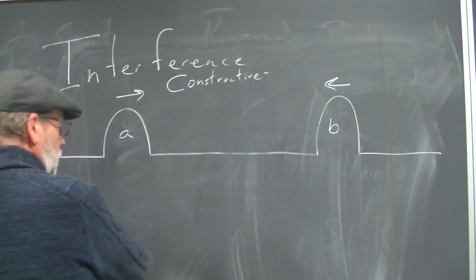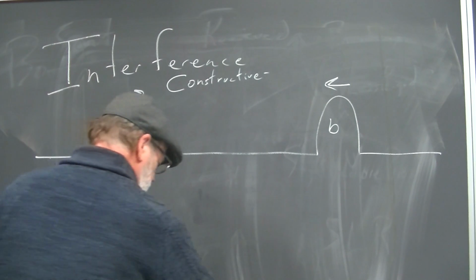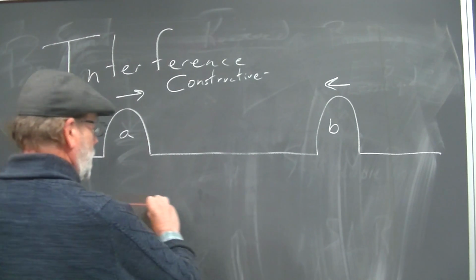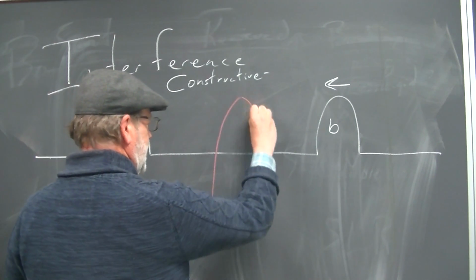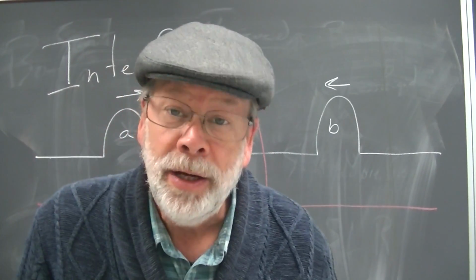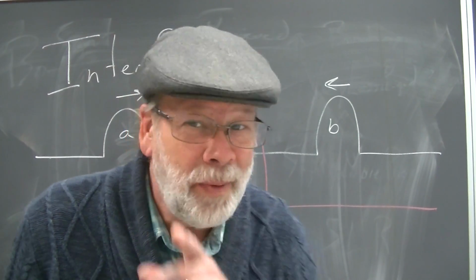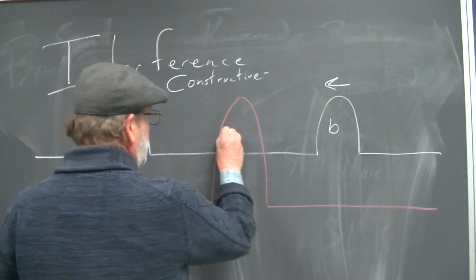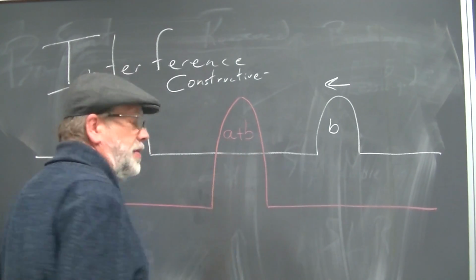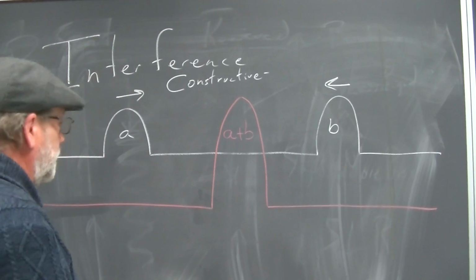So what happens when they meet is the amplitudes add. You add the amplitudes together. So when you add the amplitudes here, this would be then A plus B. They were both in the up direction, so you're piling them on top of each other.